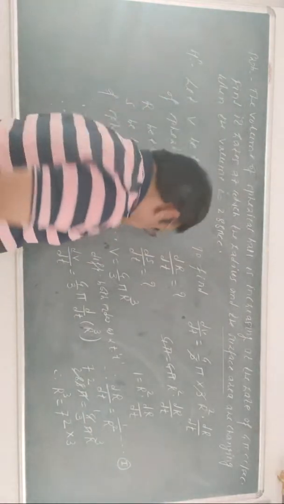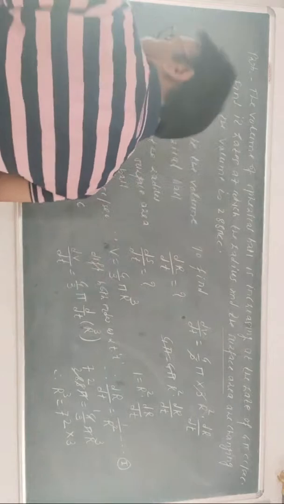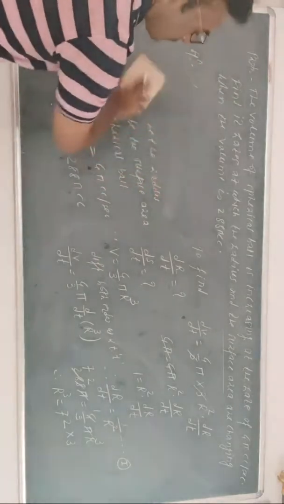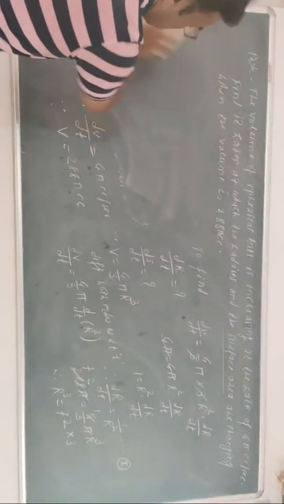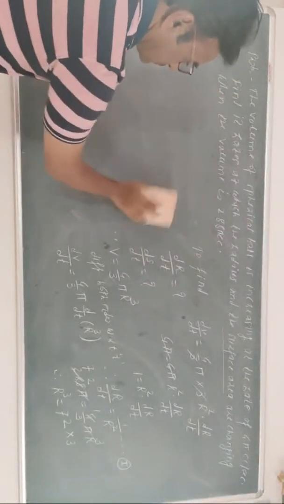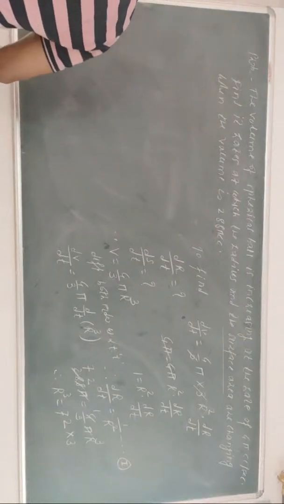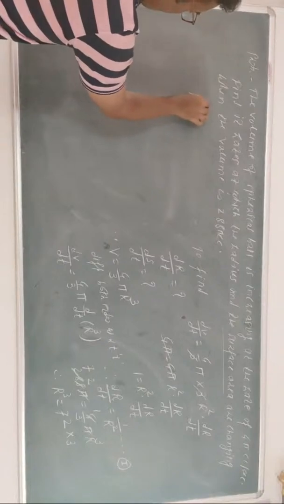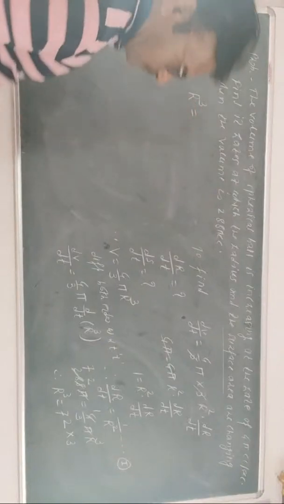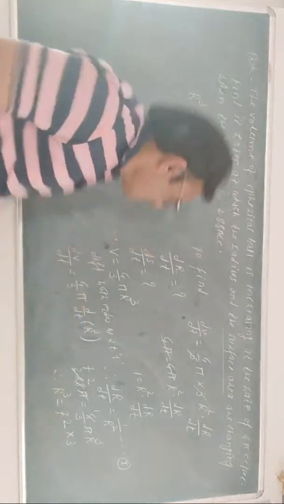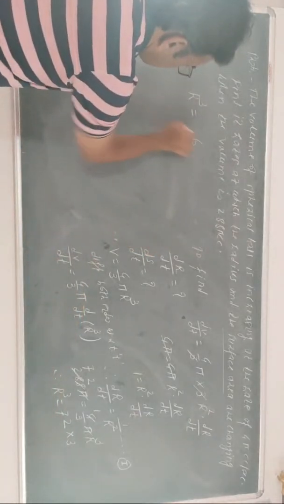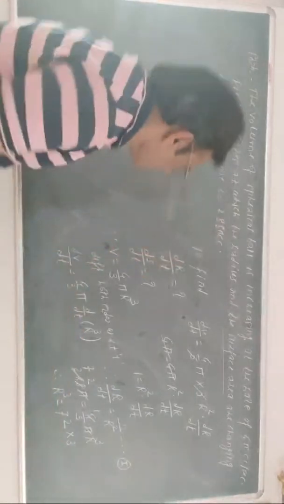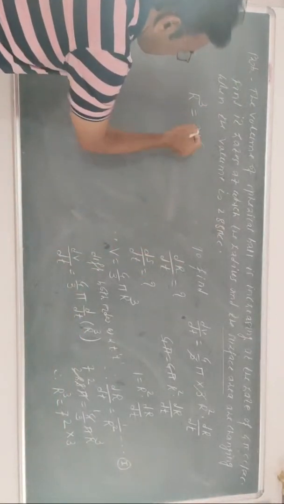Then after multiplication, 3 into 2 is 6, so write here 6, then 3 into 7 is 21, so write here 21.